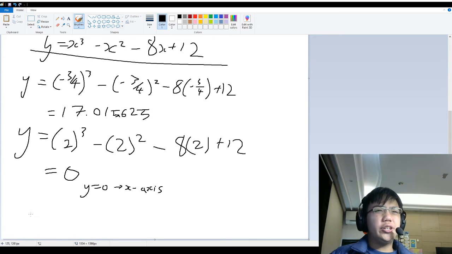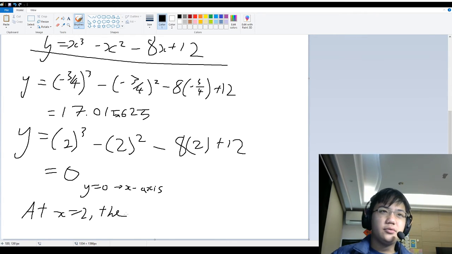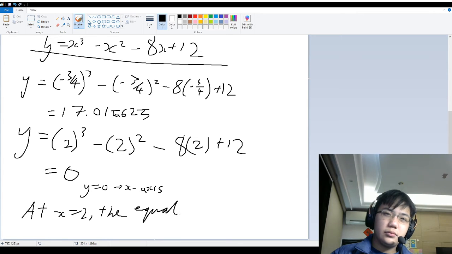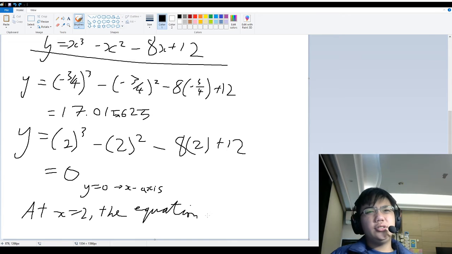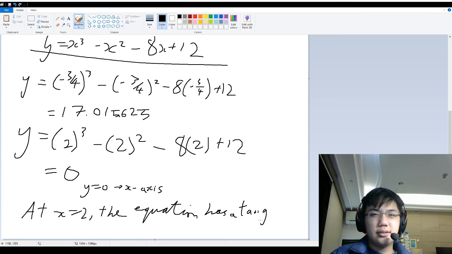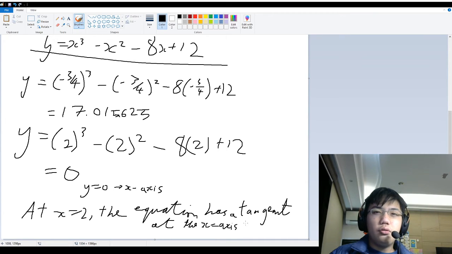So we can prove that at x equals 2, the curve has a tangent at the x-axis, or y equals 0.